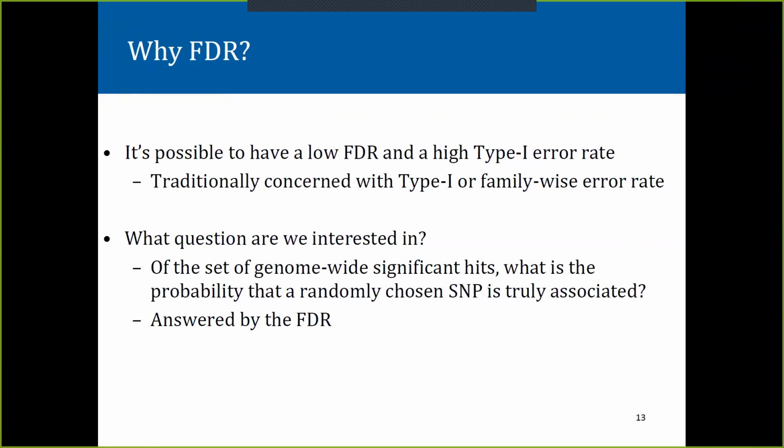And that's exactly the question that's being asked by the false discovery rate, which is, of the set of discoveries, how many of them are actually false? So that's my focus there, but I do understand that this is a bit of a philosophical debate as well, so I don't want to spend too much time on it, but just to explain the rationale for why I've been focusing on it in this case.